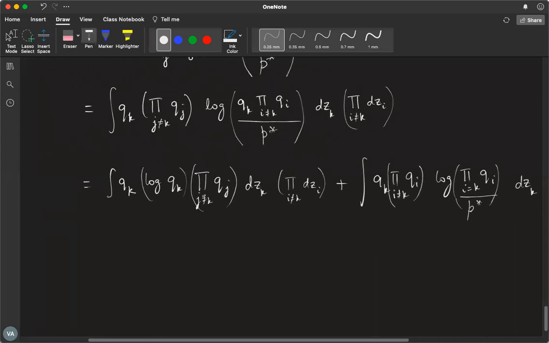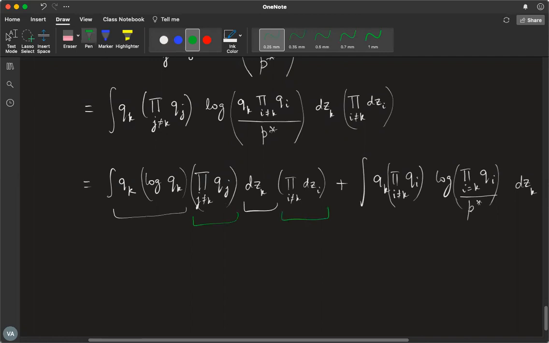Now consider this term. Now qk zk is here, qk zk is here, and these terms are independent of zk, right? So basically this and this go together, while this and this go together. But you know what is this?